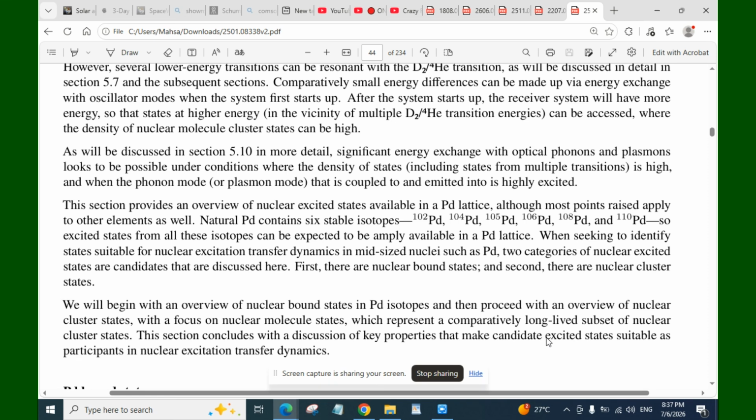So excited states from all these isotopes can be expected to be amply available in a palladium lattice when seeking to identify states suitable for nuclear excitation transfer dynamics in mid-size nuclei such as palladium. Two categories of nuclear excited states are candidates that are discussed here. First, there are nuclear bound states. Second, there are nuclear cluster states.